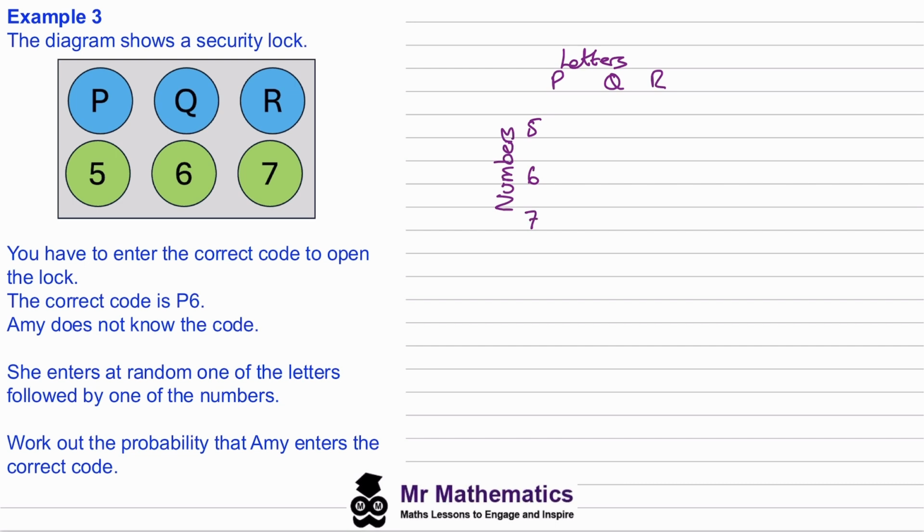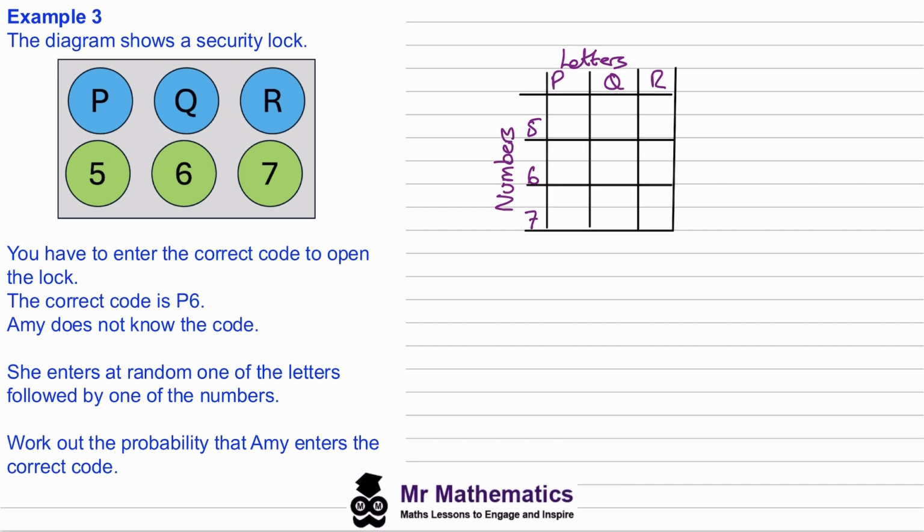If we draw a grid, different possible outcomes, given that the letter is entered first, would be P5, Q5, or R5, P6, Q6, R6, P7, Q7, and R7. And you can see there's 9 possible outcomes.